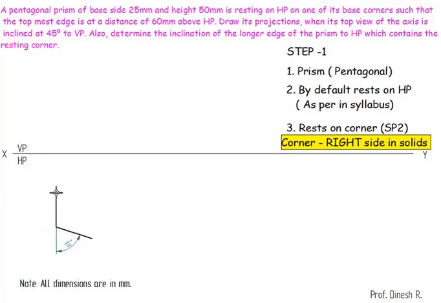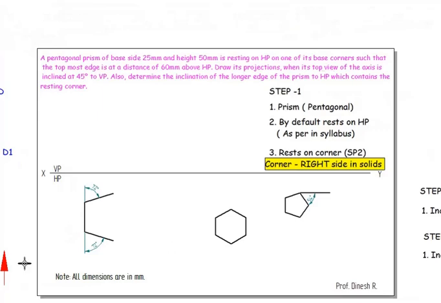Similarly, I am going to draw a line from here, and you draw it symmetrically. Even from here, it should be 72 degrees. Again, from here, this length should be 25 and this should be equal to 72 degrees.